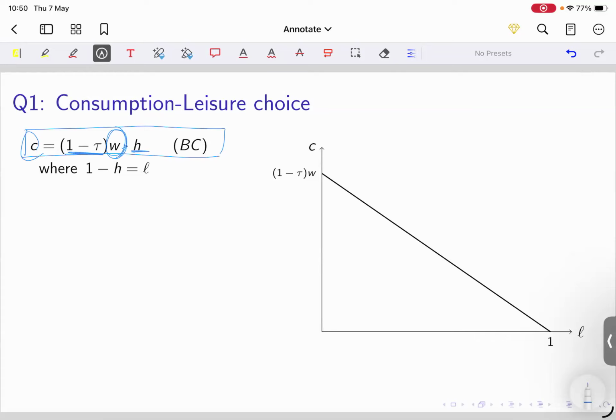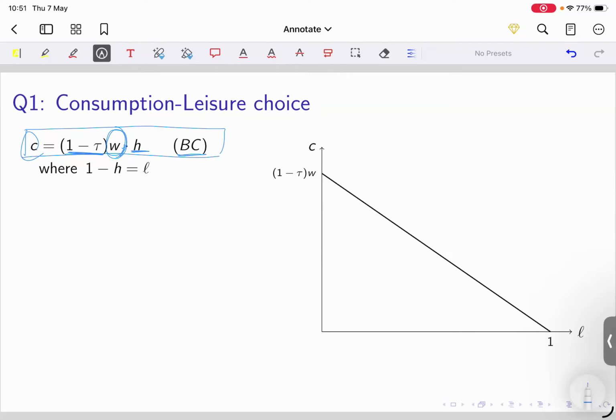We're in a context with a tax rate. So that's why I have this 1 minus tau multiplier before. This is essentially giving me the fungible income that I can spend on consumption, hence this being my budget constraint.